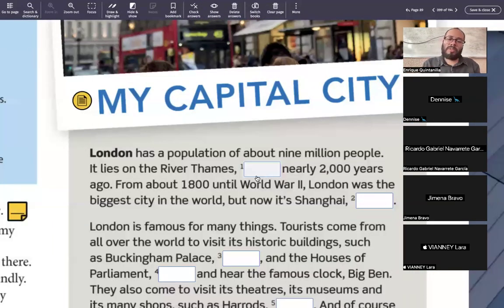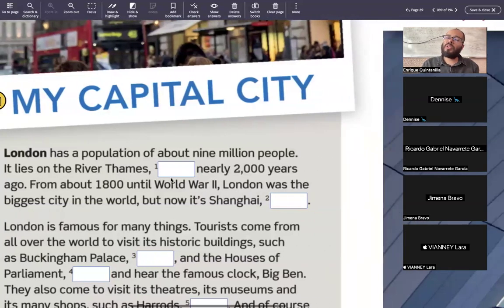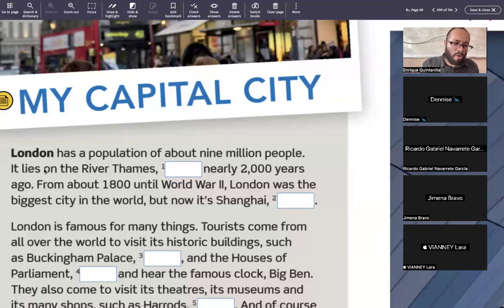Ahorita vamos one by one to the answer. Vamos a leer sin las respuestas. ¿A quién quiere leer, please? Sin las respuestas, no answers, only como está así el texto. Who says me? Vianney? Yes, teacher.